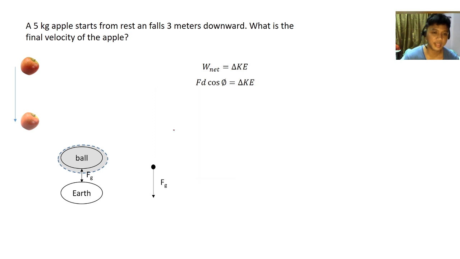It's downward, right? So you have a downward displacement vector, and the gravitational force is also downward. Whenever you have F and d pointing in the same direction, as long as they are in the same direction, you use 0, right?